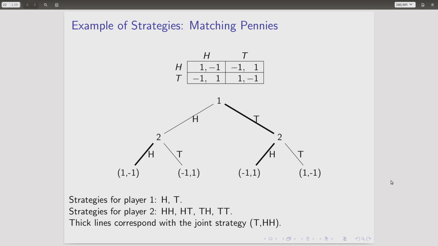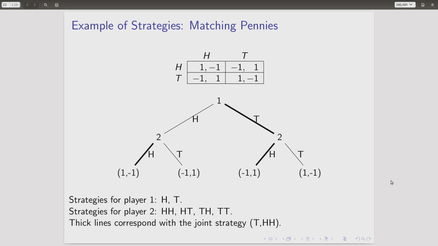So the upshot is that for player 2, there are four strategies. I should not have said the word outcome because it was a reserved word. He controls two nodes. In the first one he chooses H, and in the other T, then T and H, and T and T. So that's why we get four strategies for him.